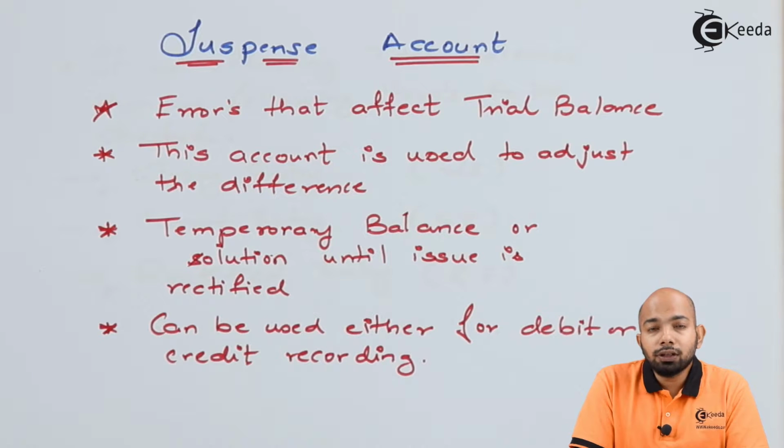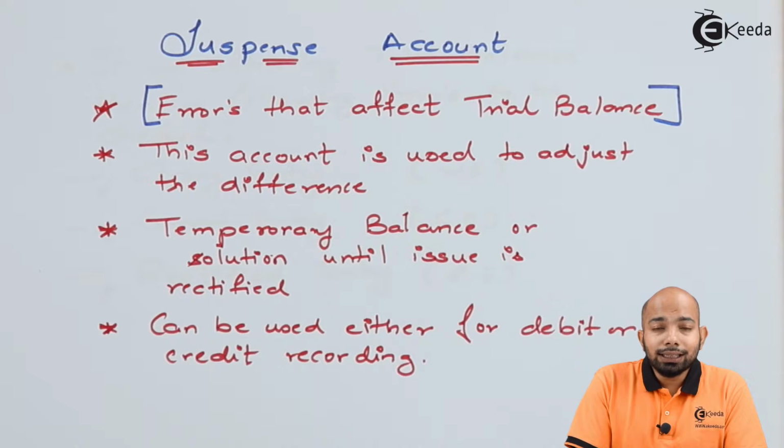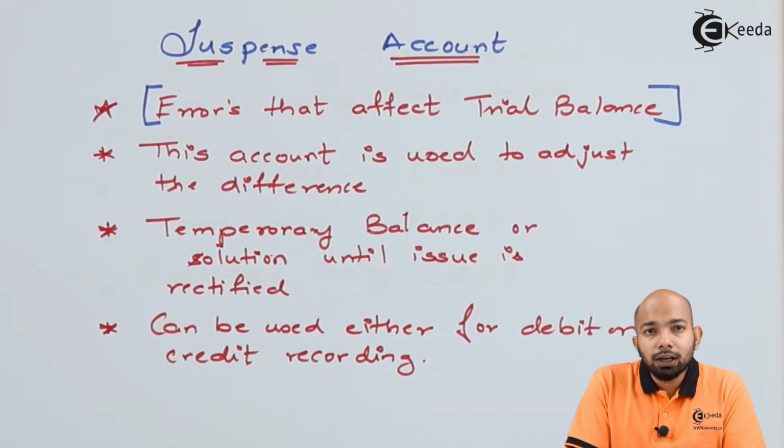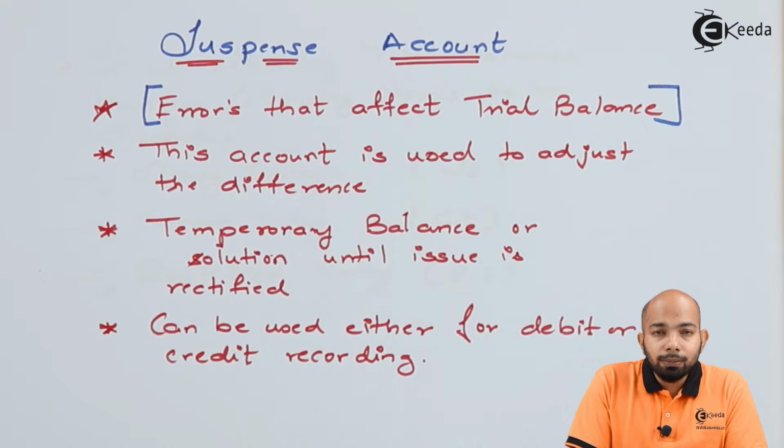Now we'll have certain points which I have already mentioned here. Let's go through them. A suspense account is mostly created for errors that affect the trial balance. That means errors that are single-handed, or errors that affect just one account. When any effect is seen on just one account, that means there is some difference which will be reflected in the trial balance.